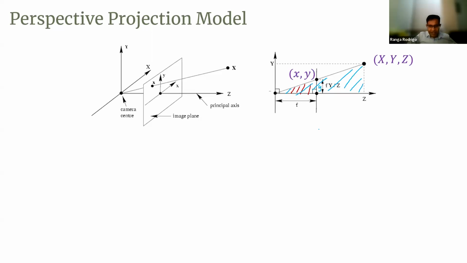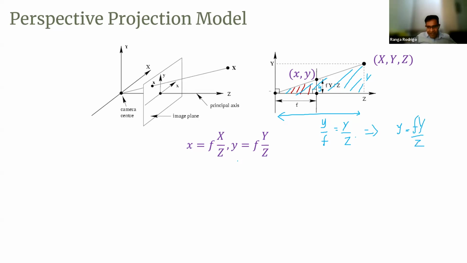You can see that small y, this one, divided by f of this red triangle is equal to the capital Y of the blue triangle, that is this Y, divided by this distance, which is capital Z. From this, you can get this expression: y is equal to f Y over Z. It's very easy.